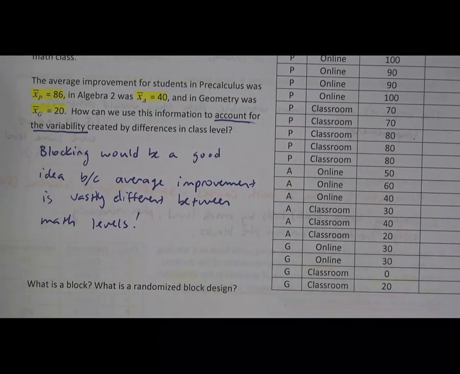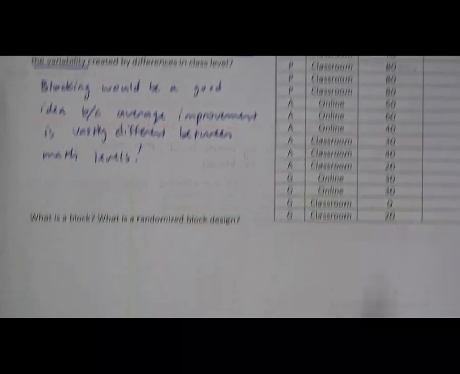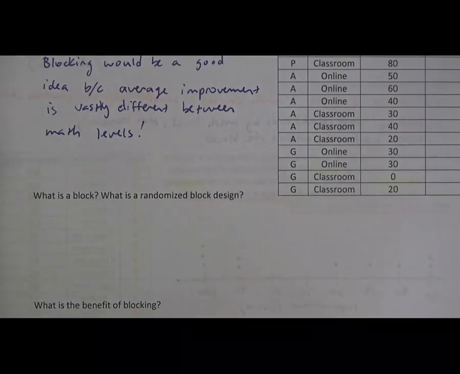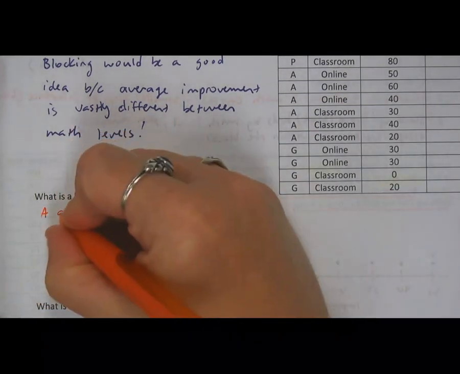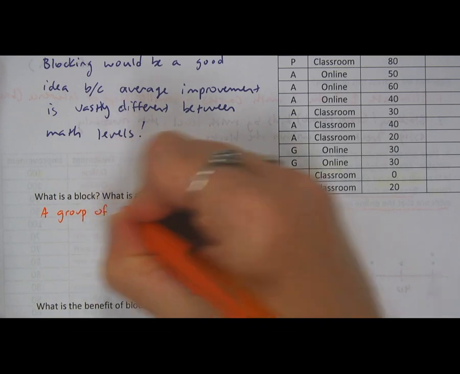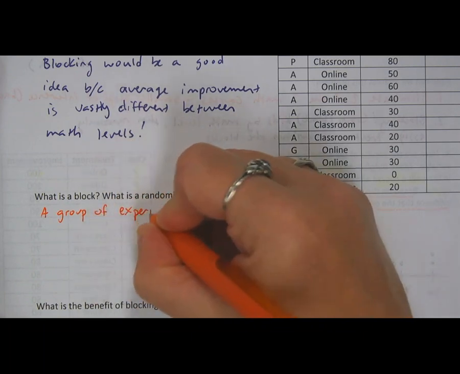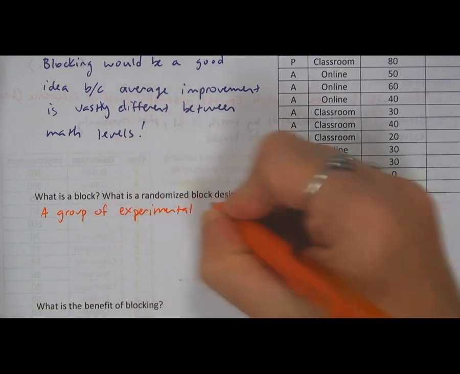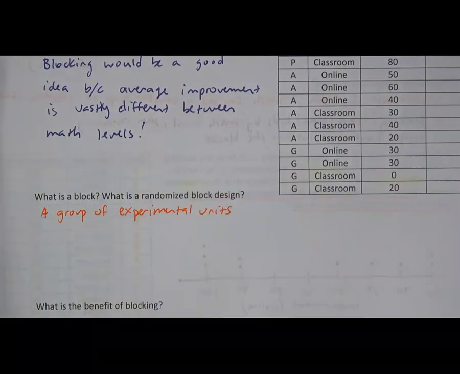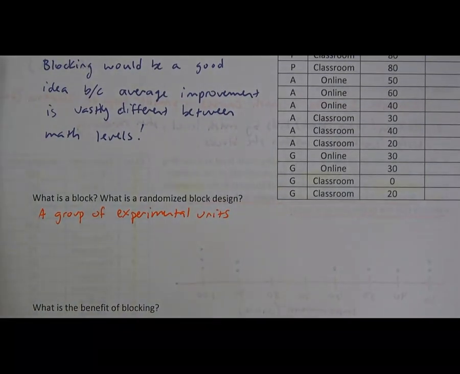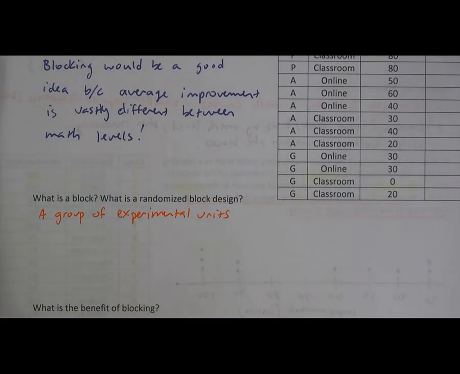So what is a block by definition? A block is a group of experimental units, if they're people, we would call them subjects, that are known to be similar in some way.